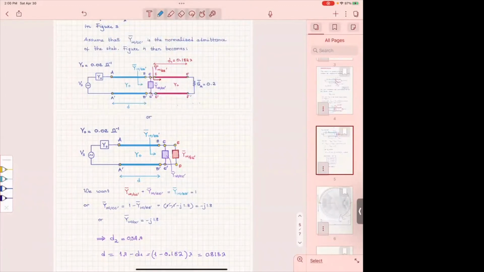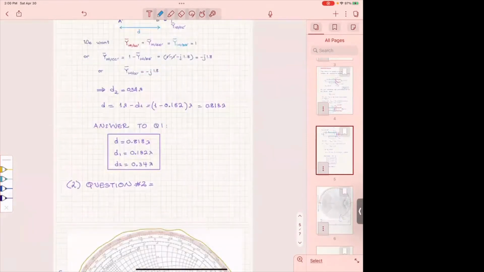And therefore, there is no reflection on this transmission line, which means that the input admittance here is also Y naught, all right? And therefore, we can rewrite now the circuit. You can keep it in admittance form, or you can keep it in impedance form. But let's assume that we will keep it in admittance form so we don't change very much.